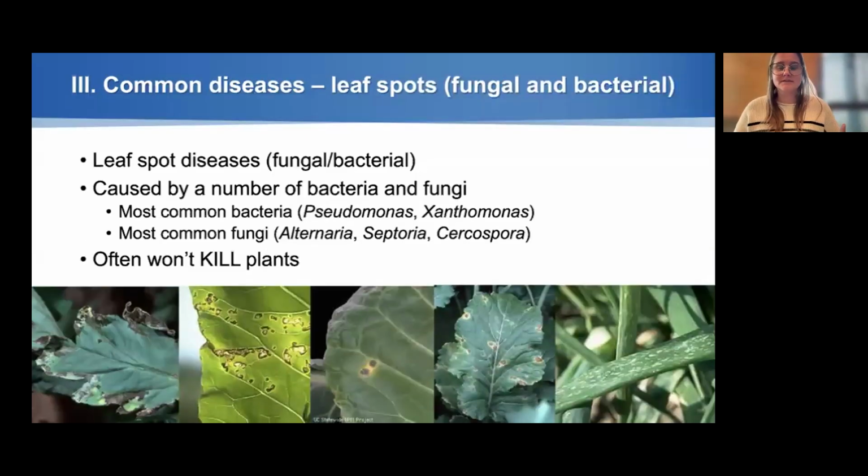So next we have leaf spots. Leaf spots are a group of diseases caused by a number of fungal and bacterial pathogens. The most common bacterial pathogens are Pseudomonas and Xanthomonas, and the most common fungal pathogens are Alternaria, Septoria, and Cercospora. Oftentimes, these diseases don't kill plants.